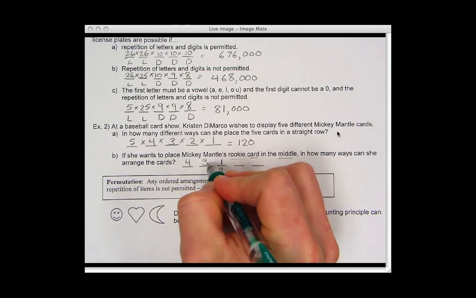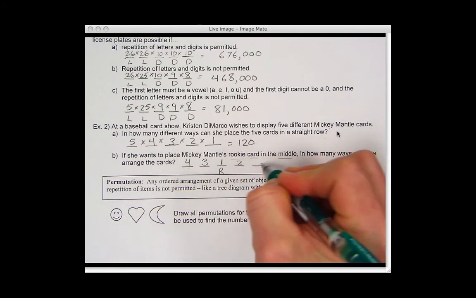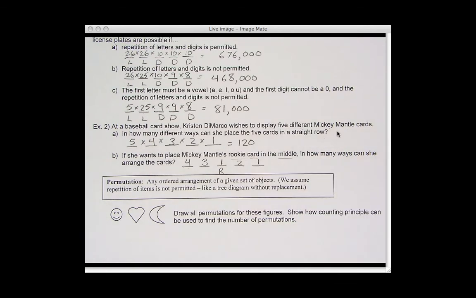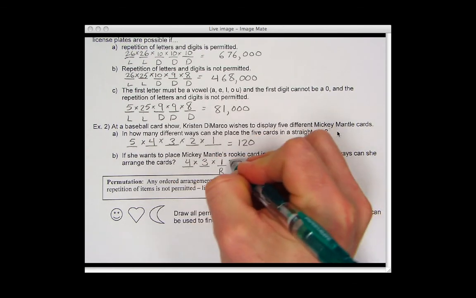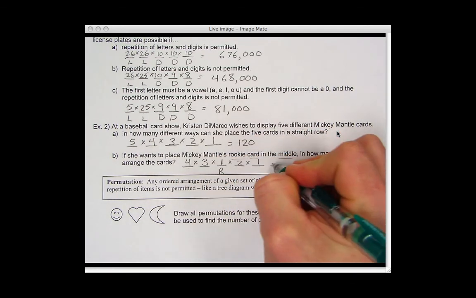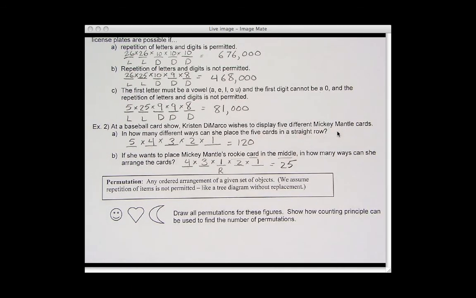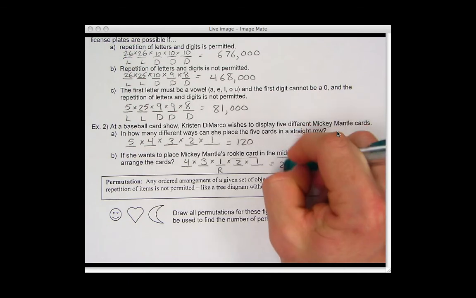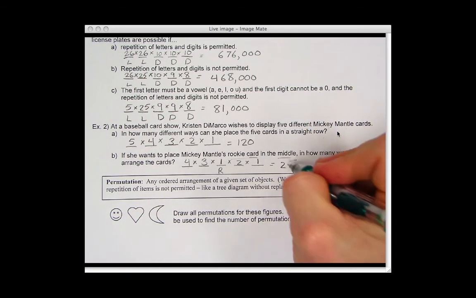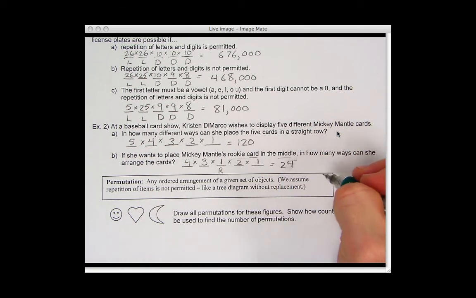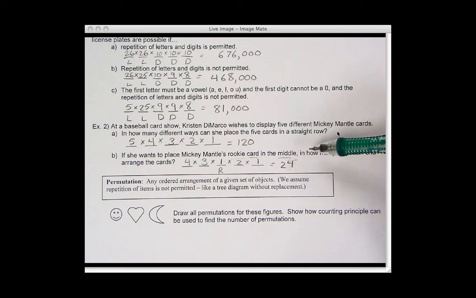And then we use it, and then 3 cards, 2 cards, and 1 card. And when we multiply straight across, now we only have 24 possible arrangements. Okay, so that's just a little more on fundamental counting principle, expanding on what we've already done.